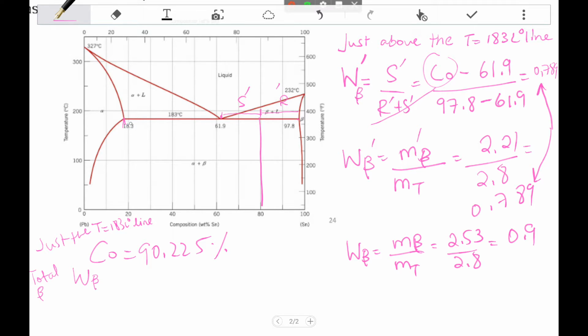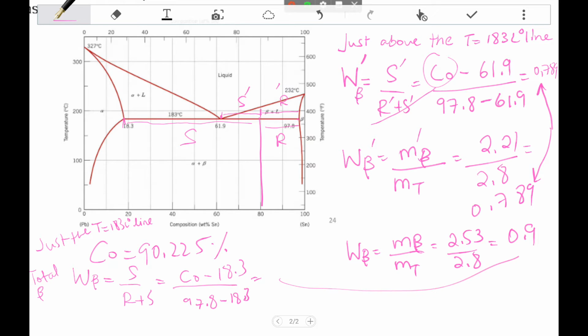So we're under the line. We're going to call this S, and this is going to be R. To find beta, we go S over R plus S, and that's going to be C0 minus 18.3, divided by 97.8 minus 18.3.